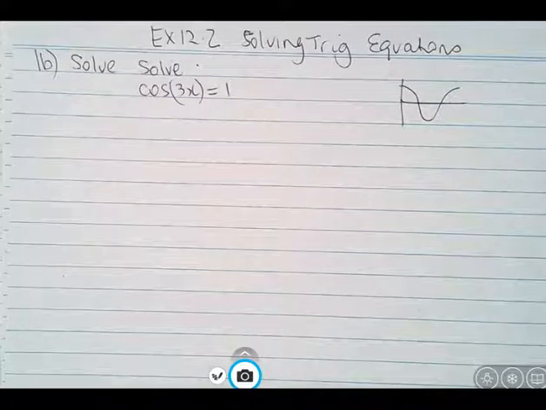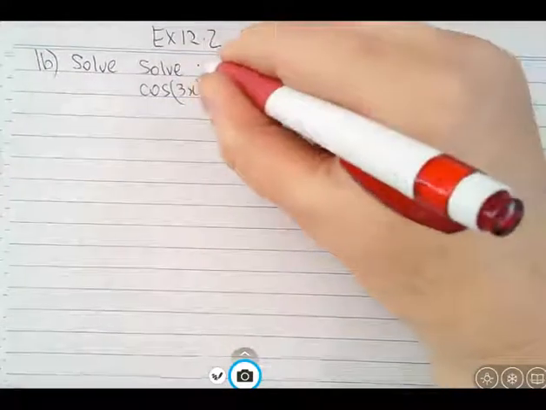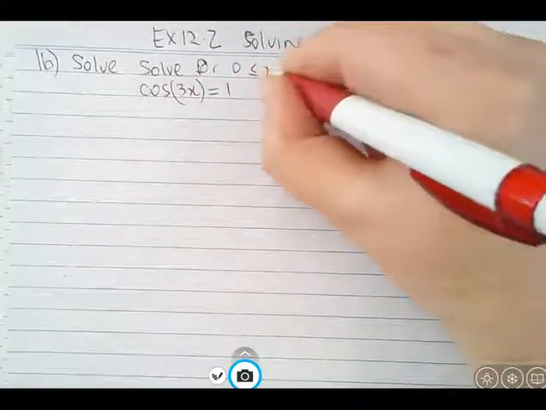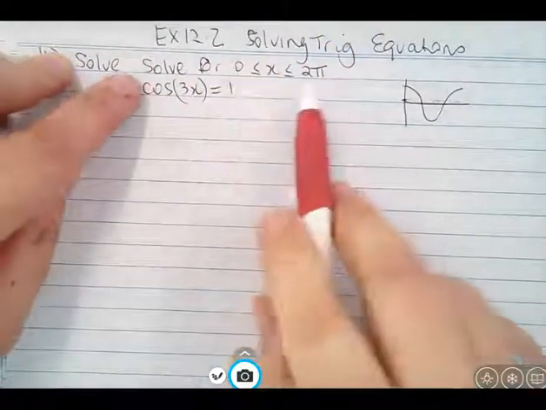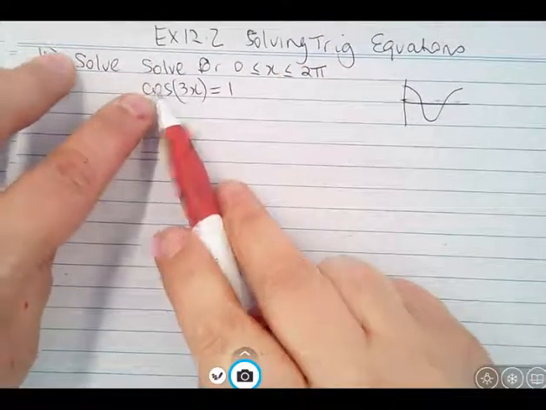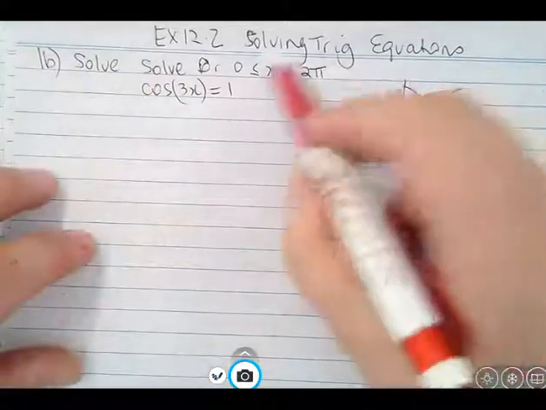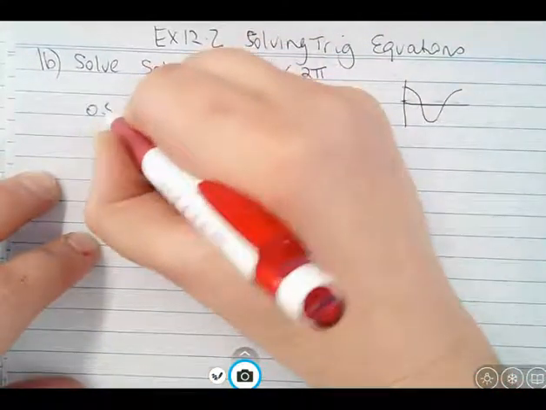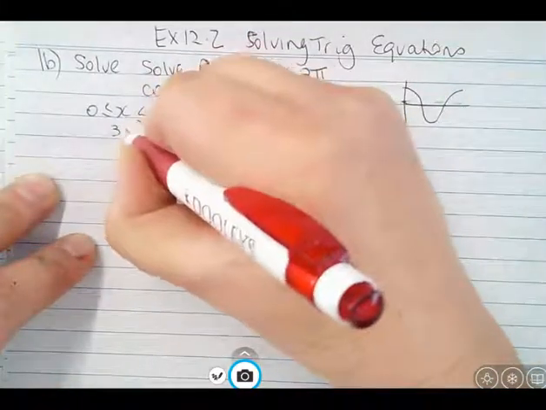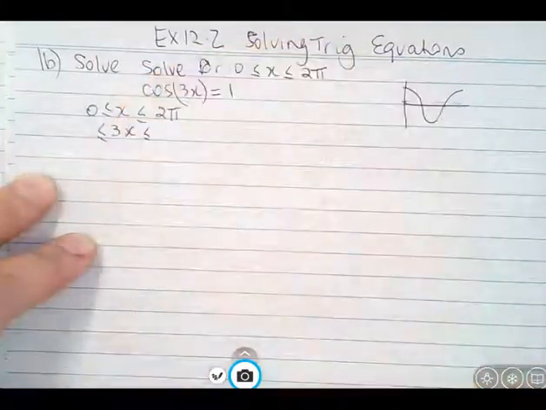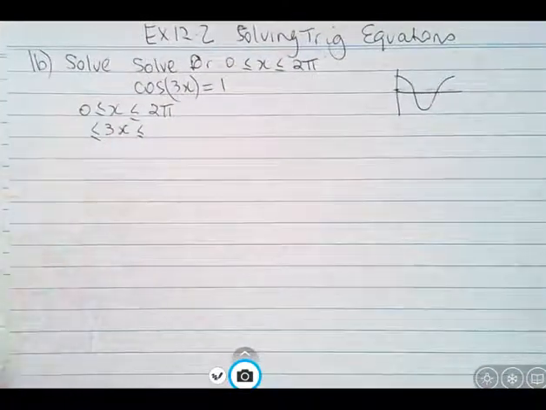And the other thing I need to look at, I'm solving that for 0 less than or equal to x less than or equal to 2 pi. But the problem here is I'm solving cos of 3x. So the first thing I've got to do is my domain originally was this, but because I'm solving for 3x, what do you think I'm going to do to everything? Multiply them all.